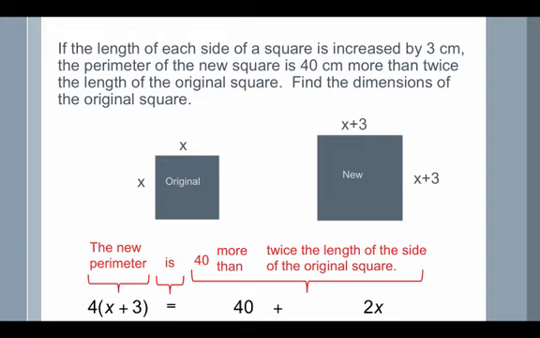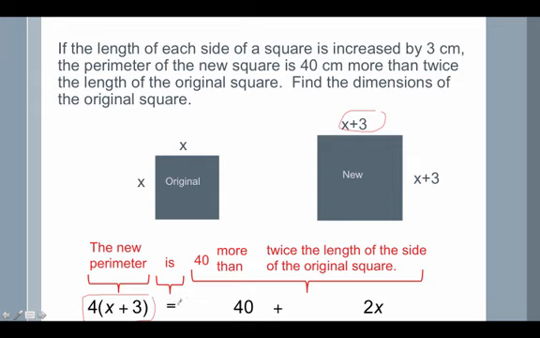What is perimeter for a square? It's just 4 times the side. So the perimeter of the new square is 4 times x plus 3, since x plus 3 is my side, and that is why I get 4 times x plus 3 over here on the left. "Is" is English for equals in math.